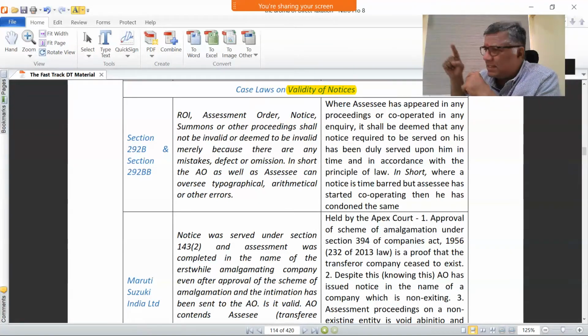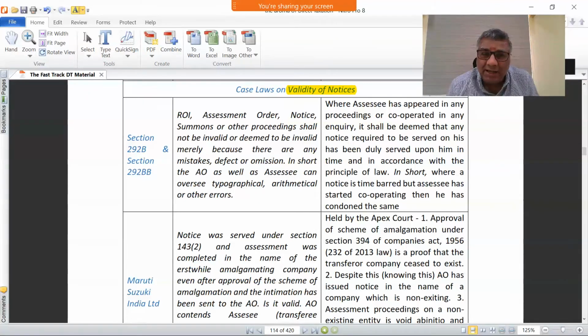Assessing officer sent notice to A Limited for scrutiny assessment of the past years. B Limited responded to the notice and participated in the process, because B Limited is the standing company now. A Limited is not there. B Limited responded and started participating, cooperating in the assessment process.